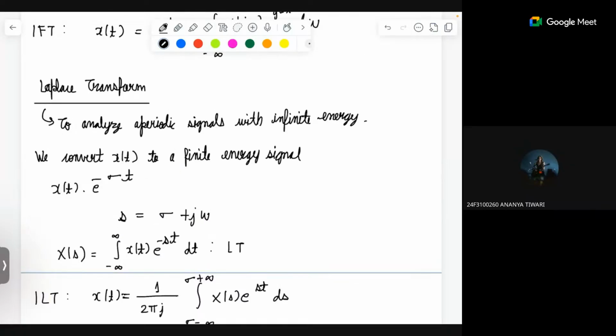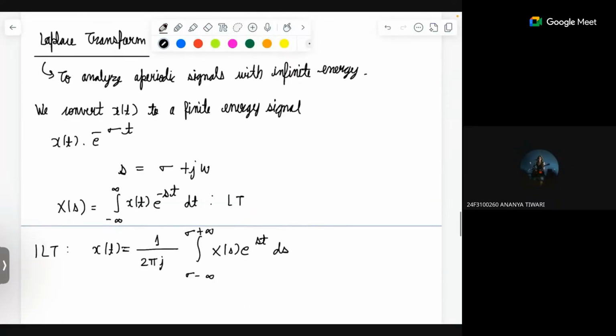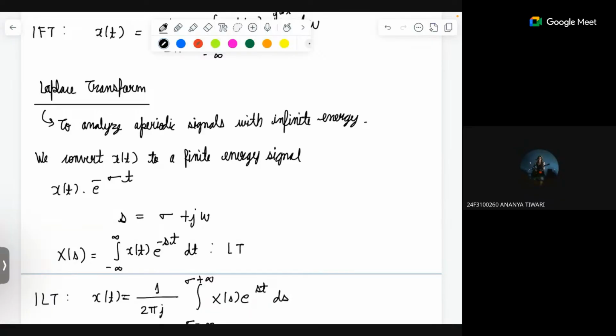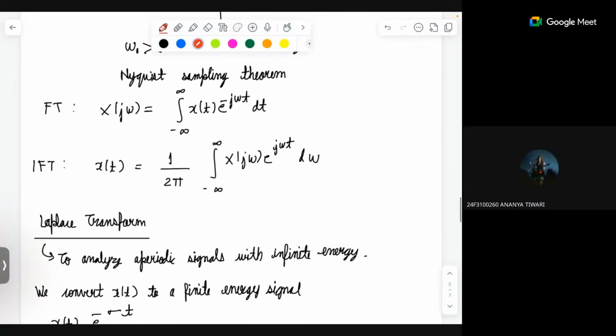Are you asking why we are not able to find the Fourier transform of this, but we can find the Laplace transform? I mean that in Laplace and in Fourier we have similar types of equations, so why are we not able to find the signal x(t) in Fourier transform itself? See, when we directly go to find the Fourier transform, if the Fourier transform does not converge because of the infinite energy, then we cannot find it, right?